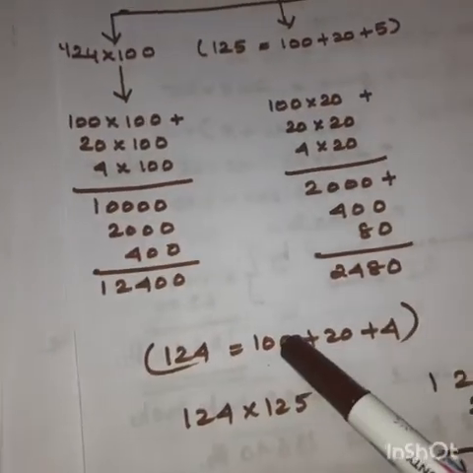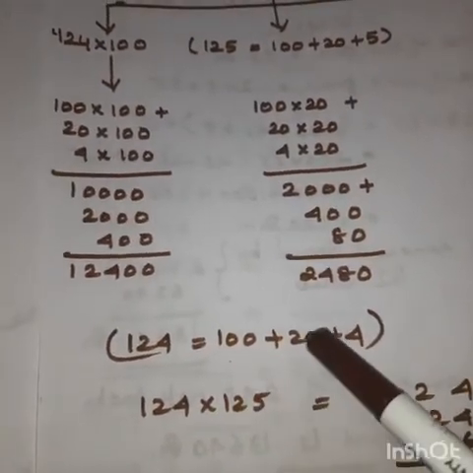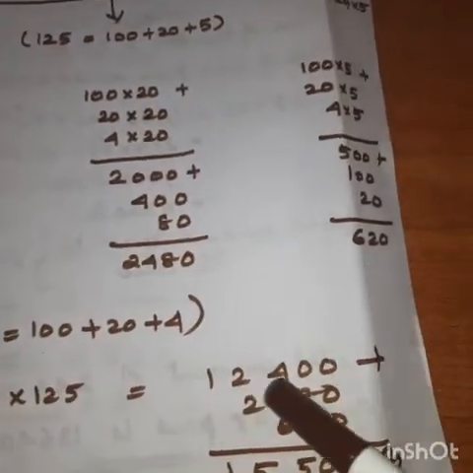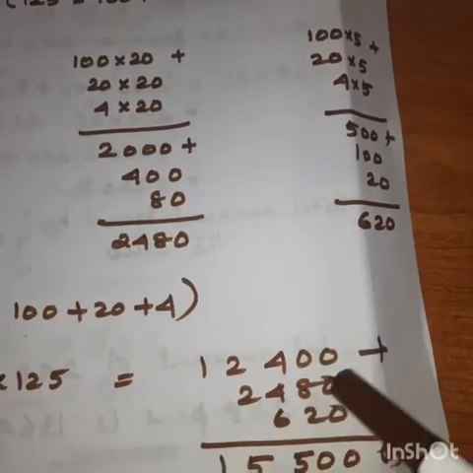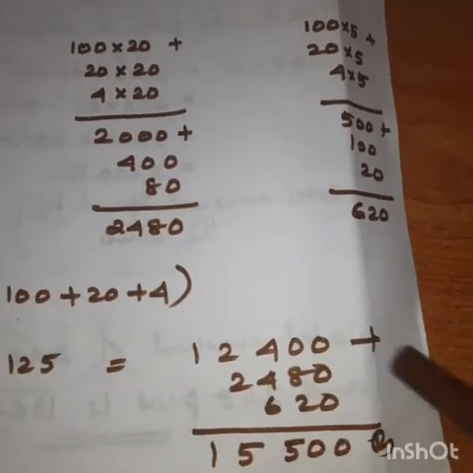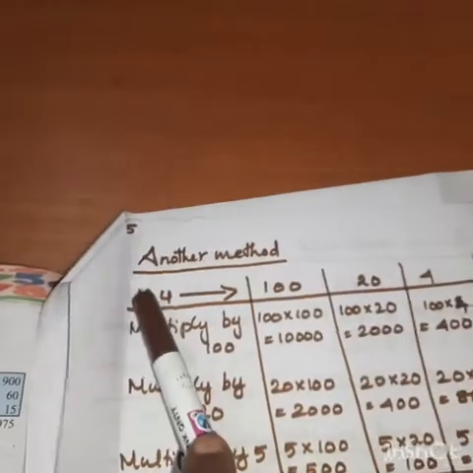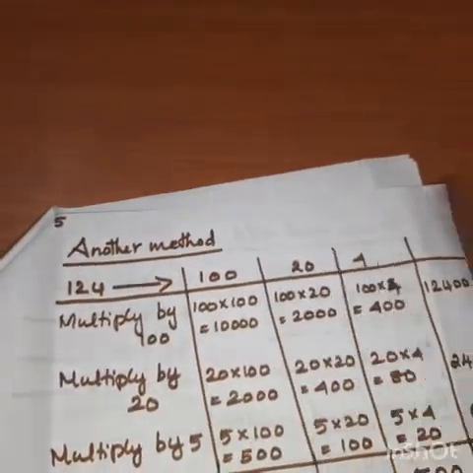Therefore, 124 is equal to 100 plus 20 plus 4, and the product is adding these three, 12,400, 2,480 and 620. Answer is 15,500. Or otherwise, in brief, 124 is split as 100 plus 20 plus 4.